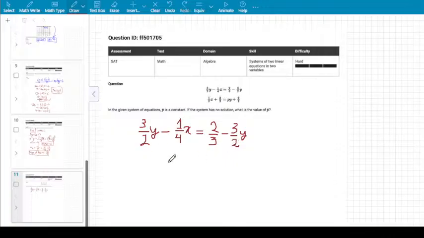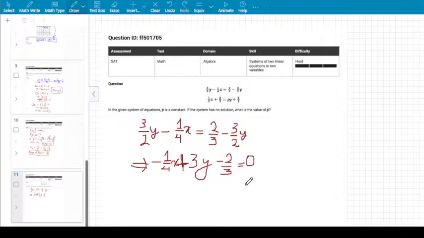So putting all the terms on one side, we'll get minus 1 by 4x, and if you bring this 3 by 2y here, it will be plus, so 3 by 2y plus 3 by 2y, which is 3y, plus 3y minus 2 by 3 is equal to 0.